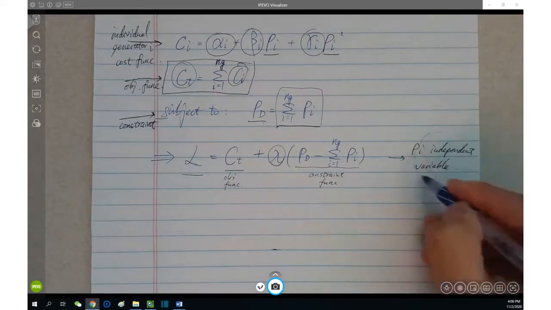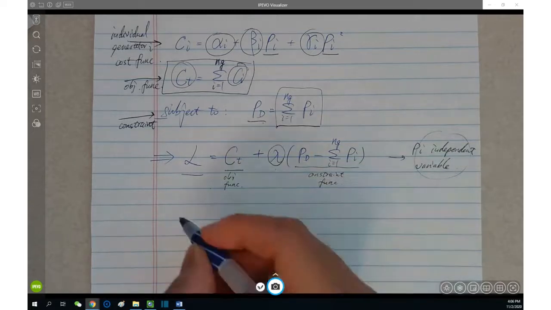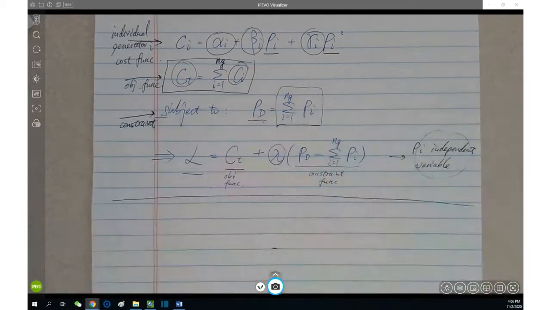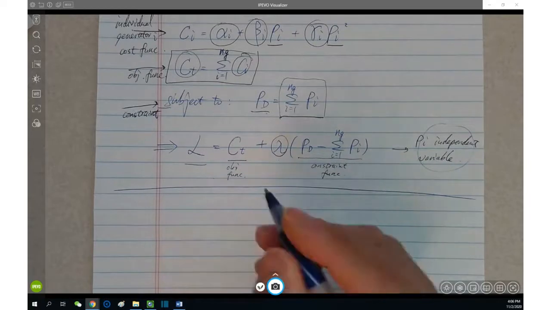This is very important, because right after, we're going to start to look for what? Derivative, right? So if you're not clear on who is the independent variable, of course, you won't be able to do the correct derivation here. So let's go ahead. To find the minimum value of the objective function, you're going to do what?